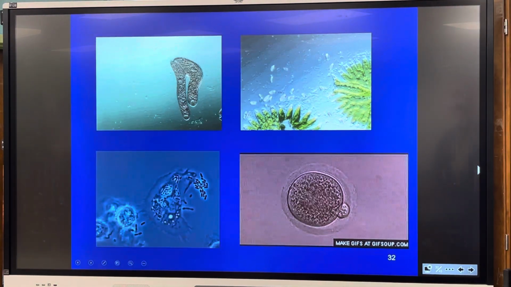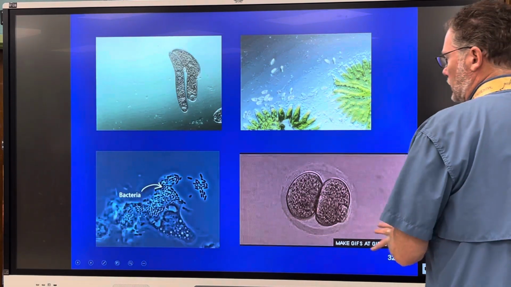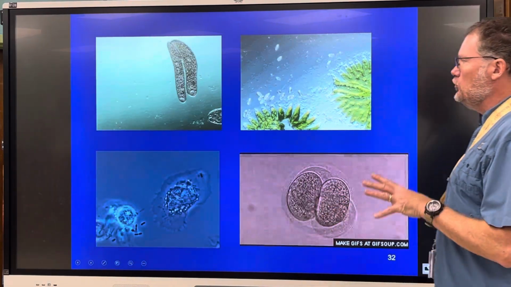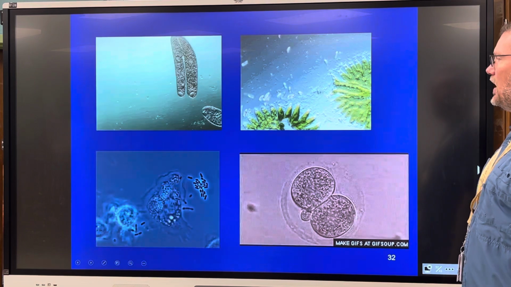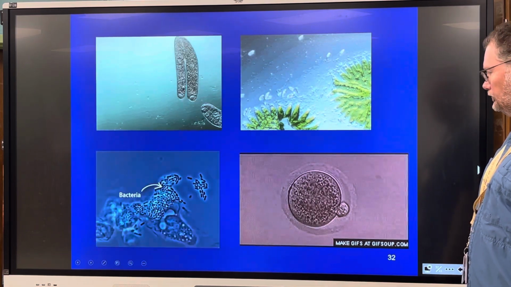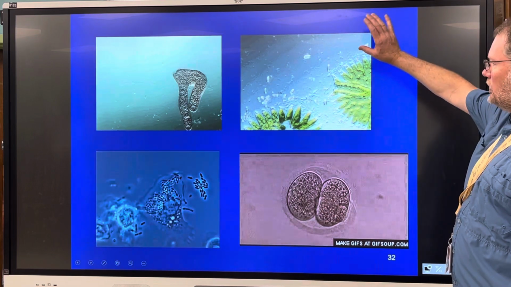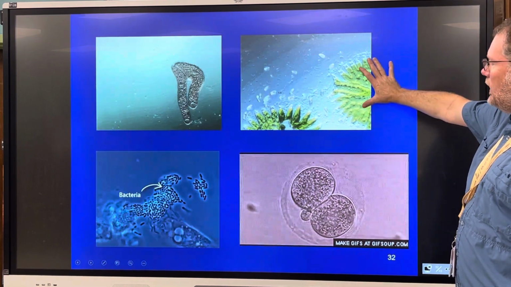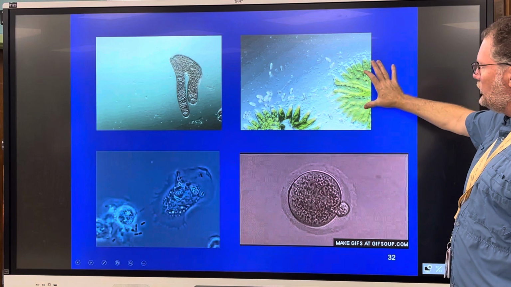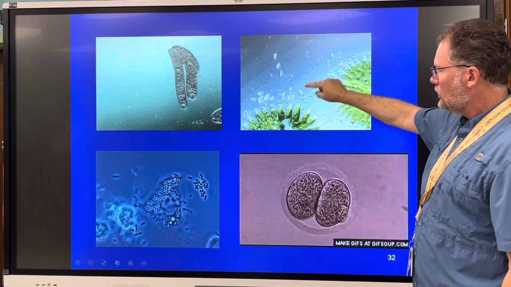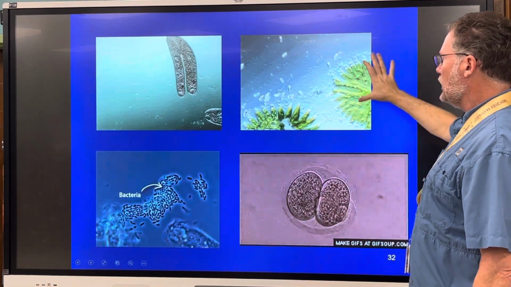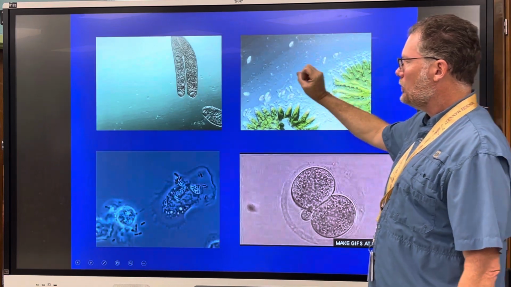All right, so here are some visuals of cells that you'd be able to see. So types of things you'd be able to see with this type of microscope. So this is a replicating cell. Here are some algae, and so this is phytoplankton and zooplankton. So zooplankton are animal-like, phytoplankton are plant-like microscopic organisms.